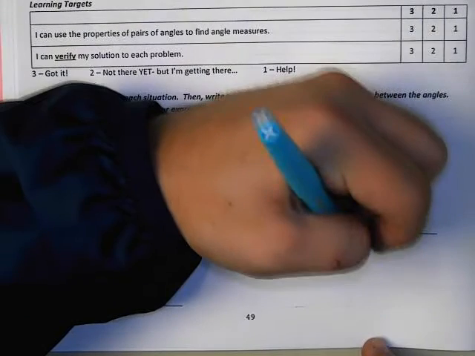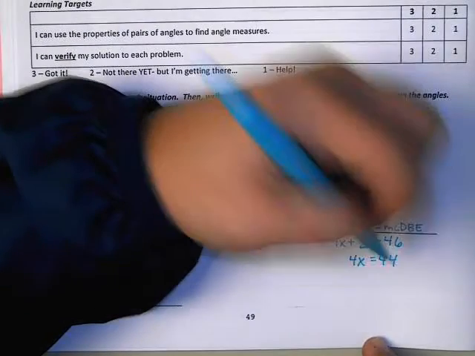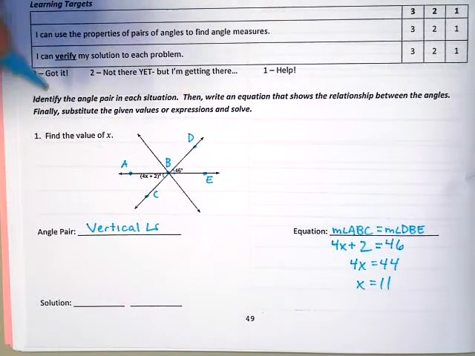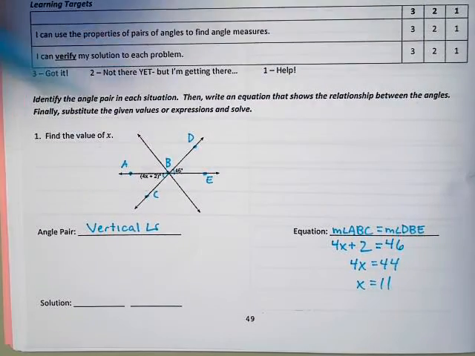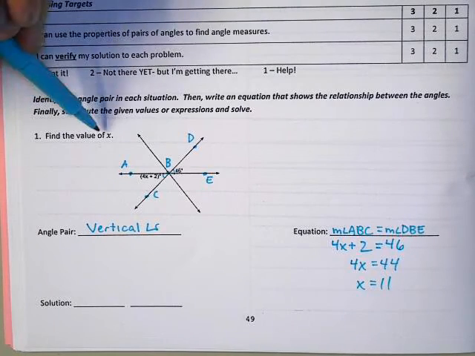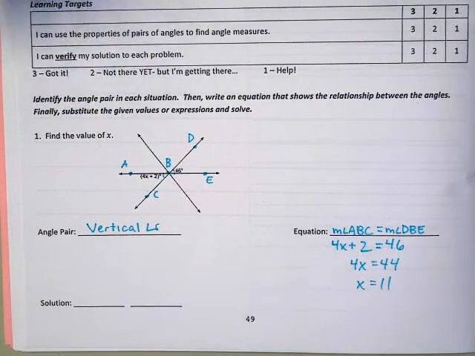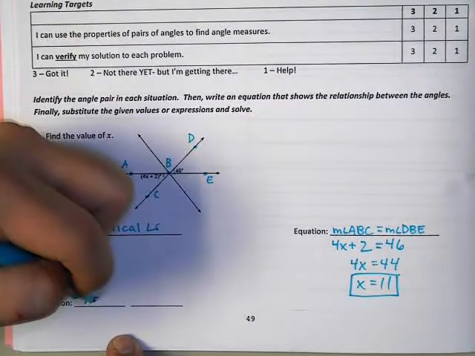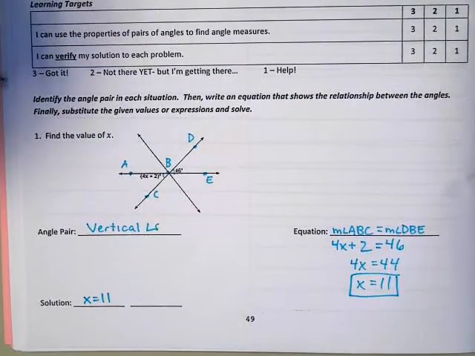So I'm going to have 4x equals 44, and then x equals 11. Now, if I go back and read, identify, and finally substitute, find the value of x. I did it. If you want, you can rewrite it over here, but I would not worry about it. If you box your answer, I will be more than okay.